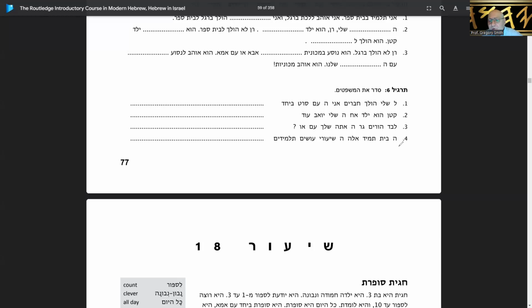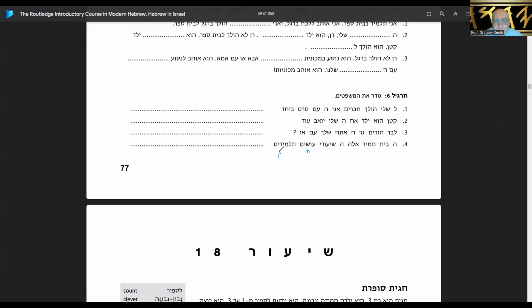Okay, number 4, the final one. So this is not a question. It is a statement. It's a full sentence here. Habayit. We've got tamid ela hashiori osim. That's like doing. Talmidim. Okay, hashiori talmidim osim.